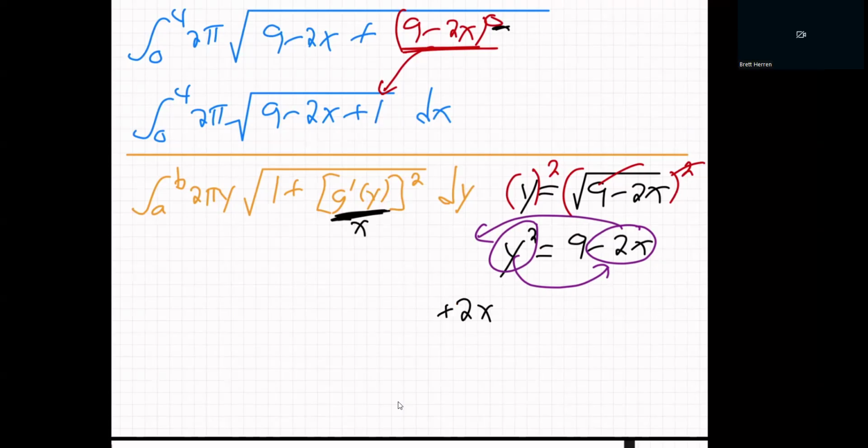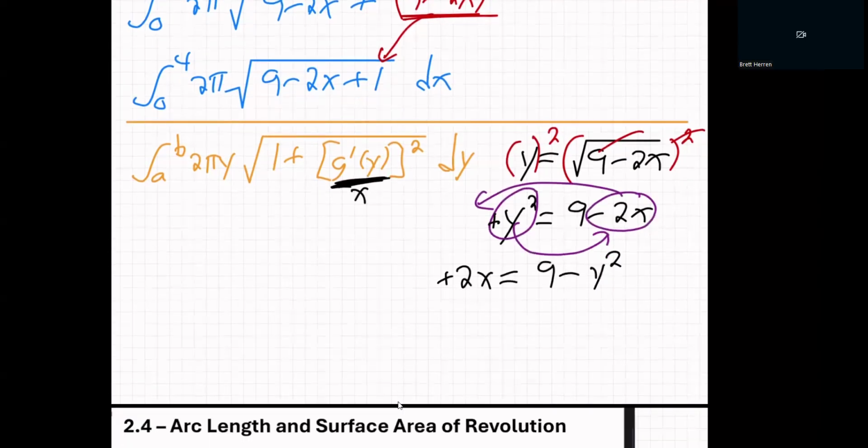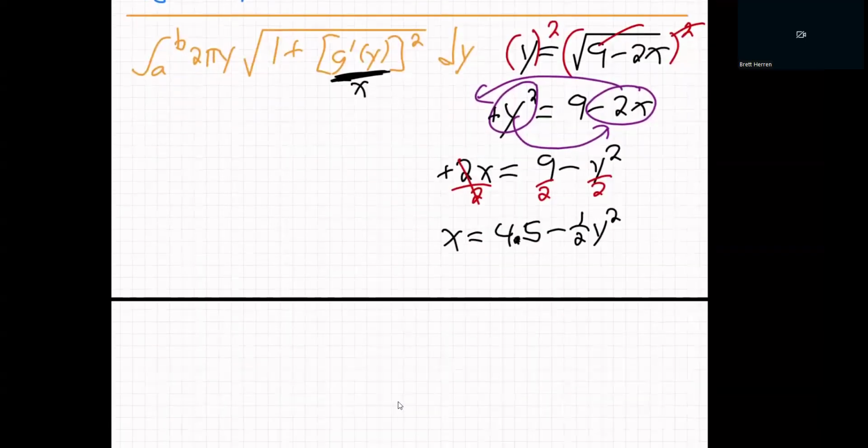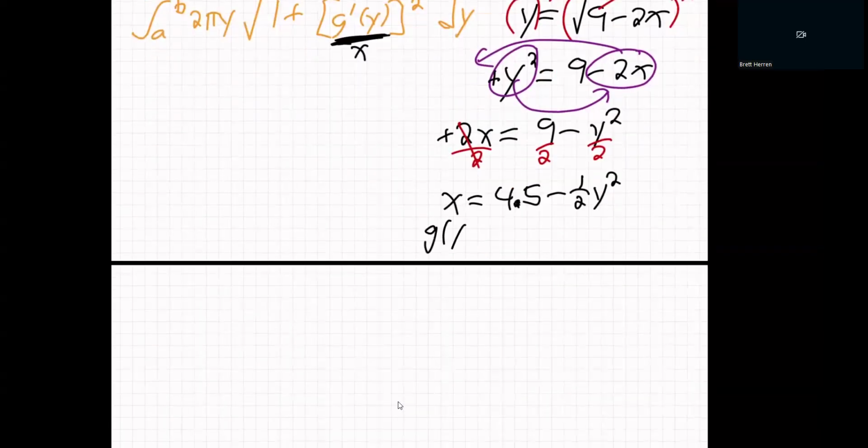So positive 2x is 9 minus y squared, because that positive y squared jumped to the side and became negative. And then divide by 2, divide by 2, divide by 2. Boom. So x equals, I'll just say 4.5, so go with the decimal, minus a half y squared. Okay, so that is my function of y.